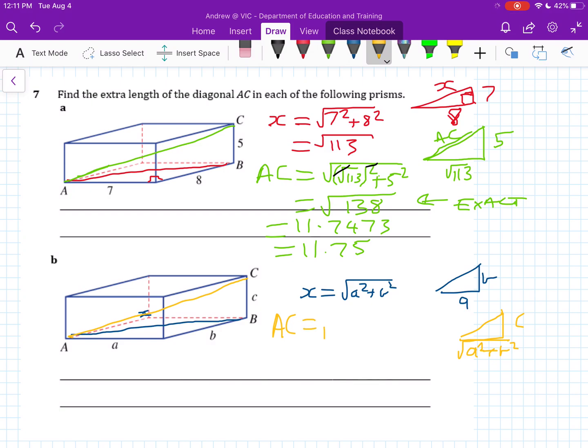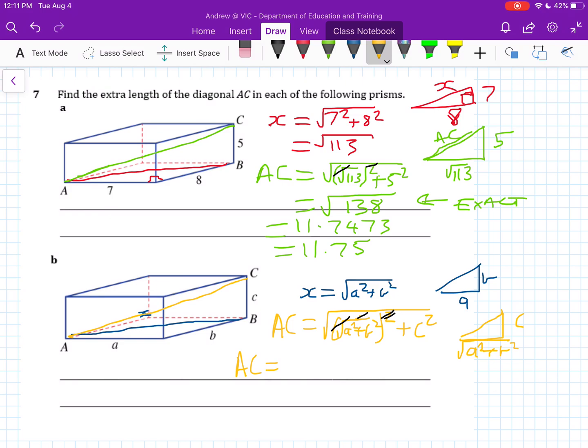So it's going to equal the square root of our bottom value, the square root of a squared plus b squared, and that's all going to be squared, plus c squared. So now we have a square root and a squared here, so these two cancel out, so it just leaves AC.